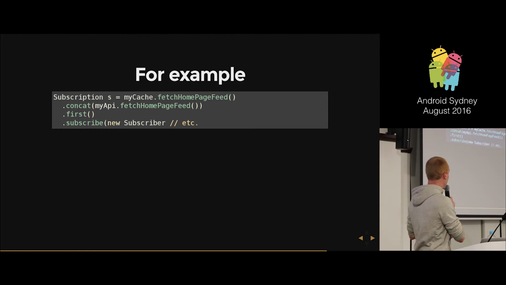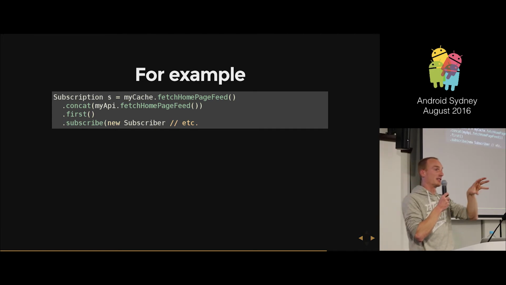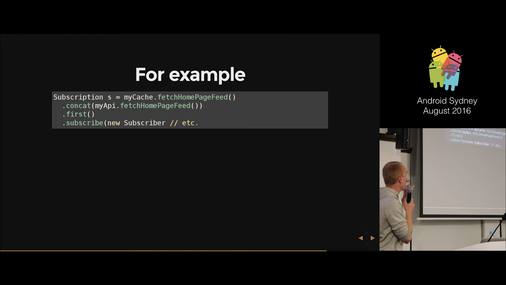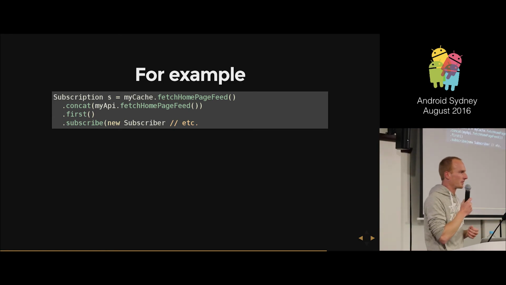So here we have a cache where we fetch our stored home page feed, and then we concatenate an API call onto that for the home page feed. So what concat will do, it just takes two source observables and it concatenates all the data points together. And then we apply a dot first. And what's really cool is dot first says I just need one item, and then I terminate.